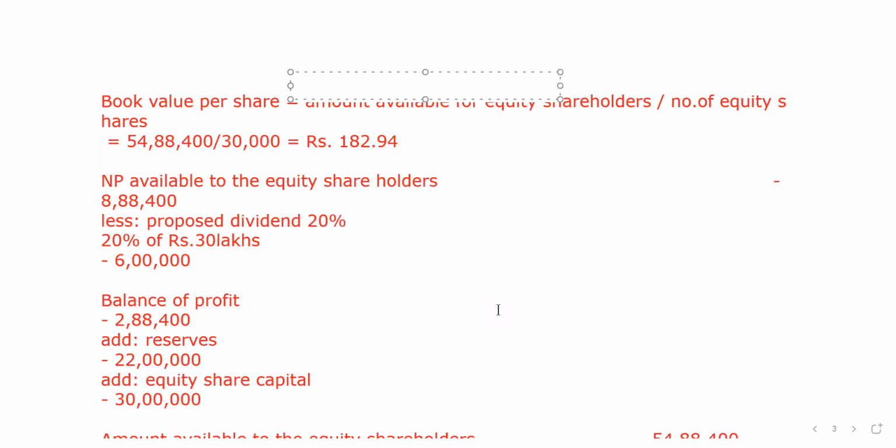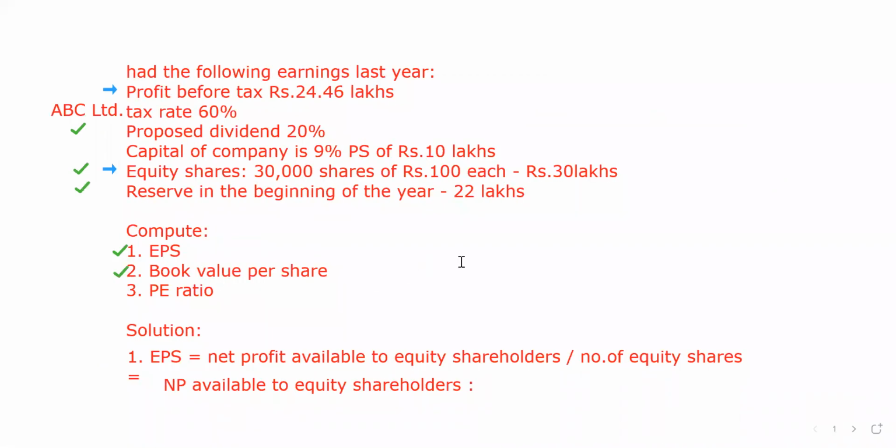One piece of information I forgot to give in the question: market price is given as rupees 200. Current market price is given in the question, so please add that too. Rupees 200.